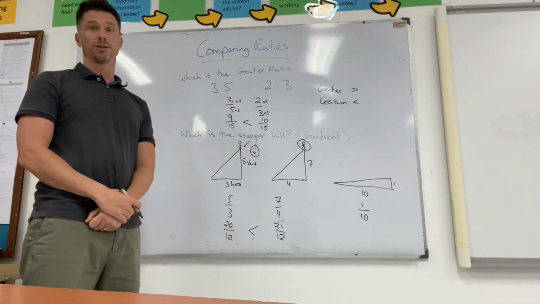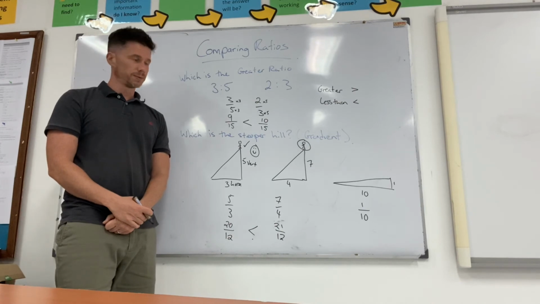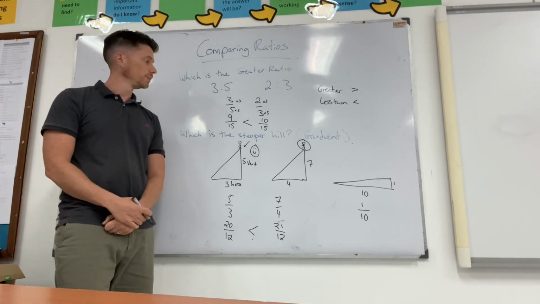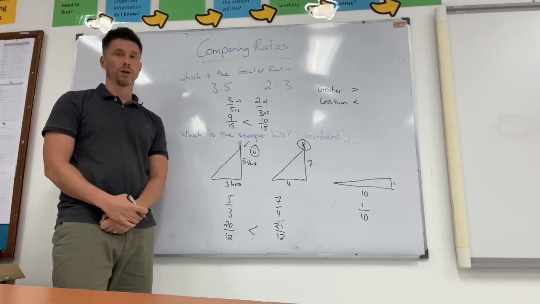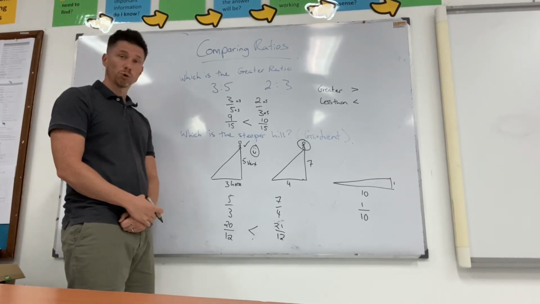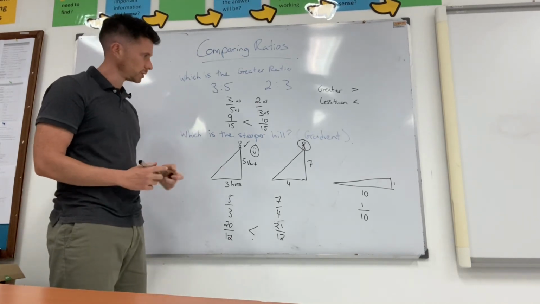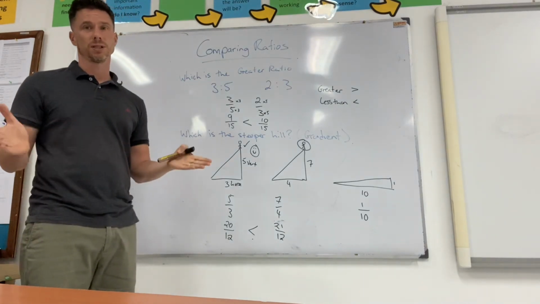That's how we determine the steepness of mountains or of lines, and we'll be looking more at that later on. So that is how you compare ratios. If they're not in proportion, if they're not equal as fractions, then one must be bigger than the other. Change them to fractions and then give them the same common denominator before you can see which one's bigger than the other.